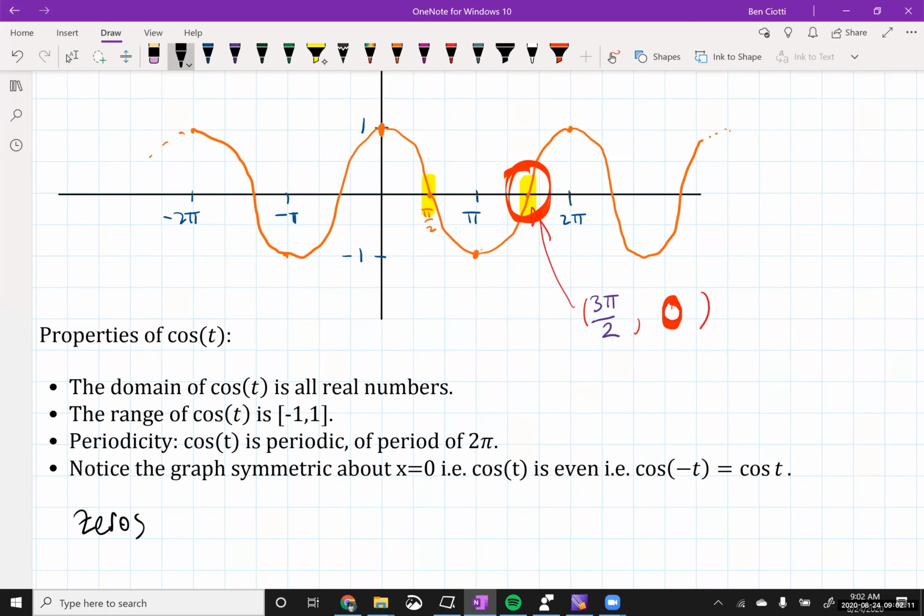Okay, now let's move every point up by 3. There we go.